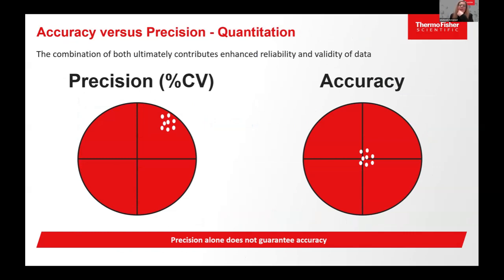Again, one of the things I like is CV versus accuracy. I always say you can measure something with really good precision, but measure it wrong, and that is really important. When I do any DIA, I always look at the CV first, but then I have to evaluate the quantification accuracy.